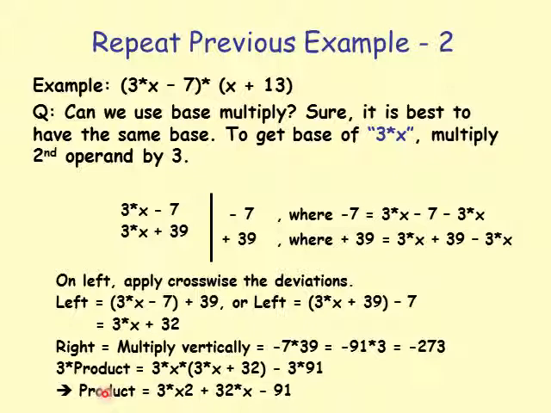So we divide that by 3, multiplied inside by x, 3x squared plus 32x minus 91. We divide this 3 times product by 3, so this 3 becomes 1 and this 3 becomes 1. So product is 3x squared plus 32x minus 91. Let's continue.